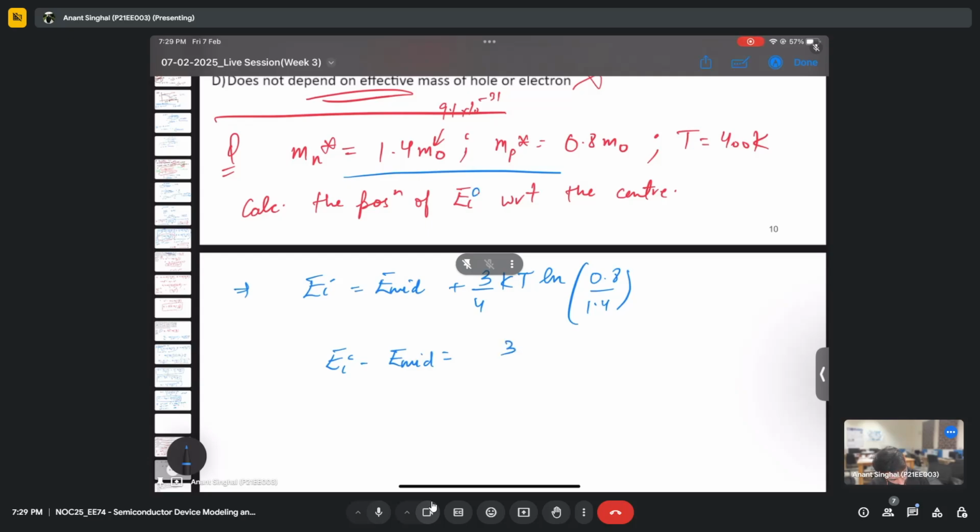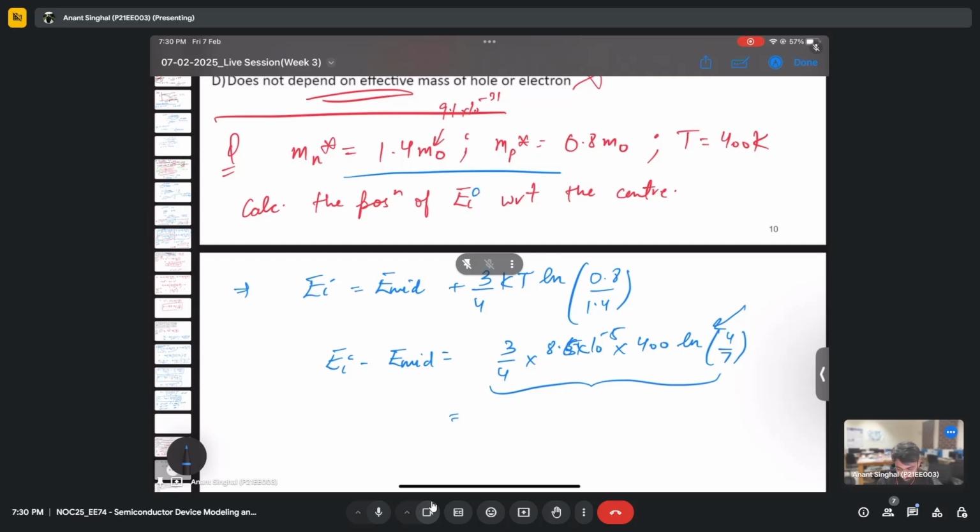So 3 by 4 k, k is 8.6 times 10 to the minus 5, something like that. T is 400 Kelvin as I've given. And this ln term is ln of 8 by 14, or 4 by 7. So this is negative, and that is why this whole term will come out negative.